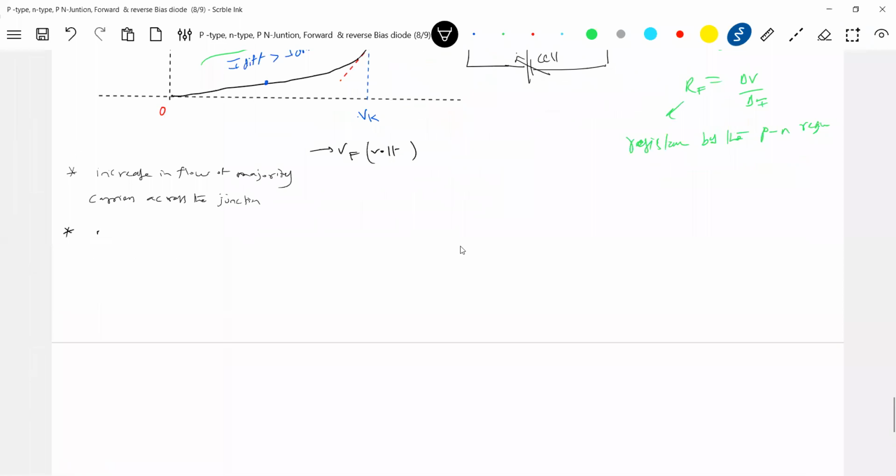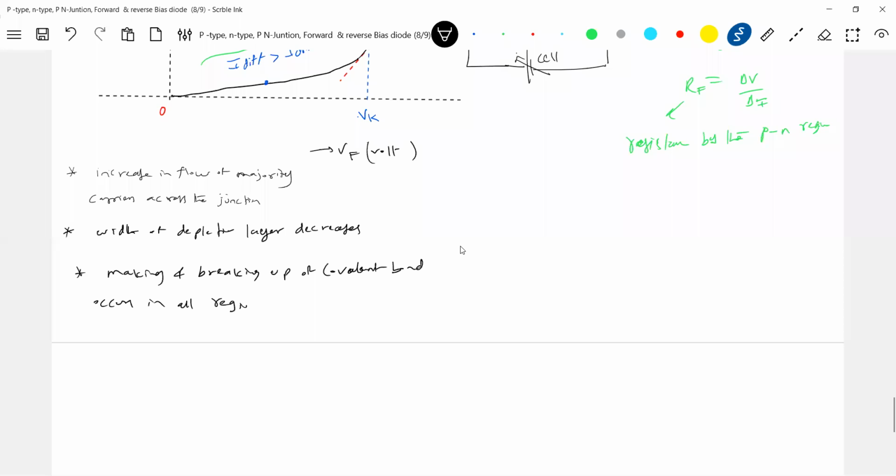Then, width of depletion layer decreases. Here also making and breaking of covalent bond occurs in all regions.